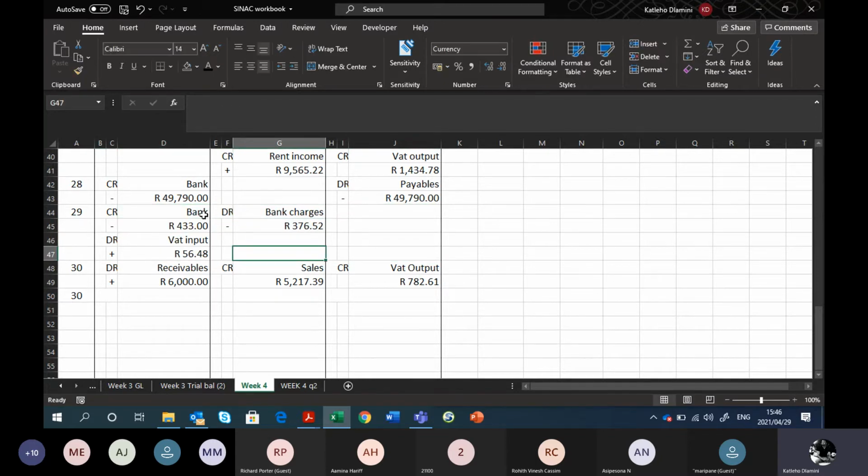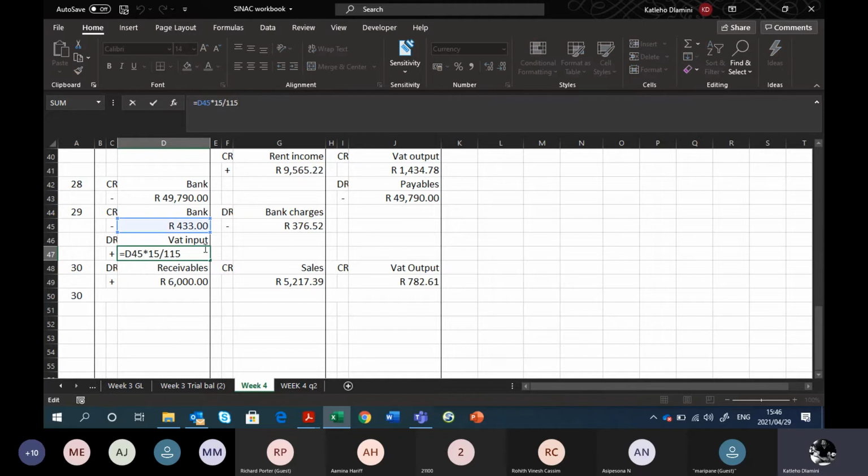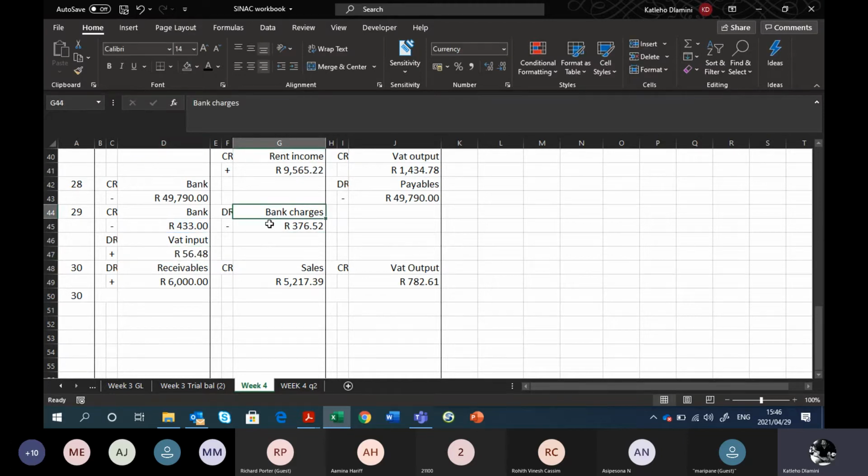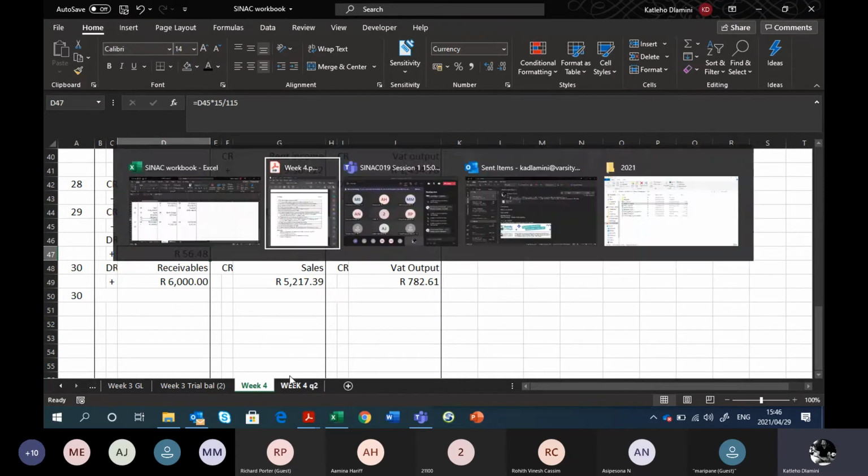You credit your bank because you have to pay for these bank charges. You debit your bank charges, which is the exclusive amount, and then your VAT input is going to be that amount multiplied by 15 over 105. If there was a government levy in here, you would exclude it in the calculations for VAT.